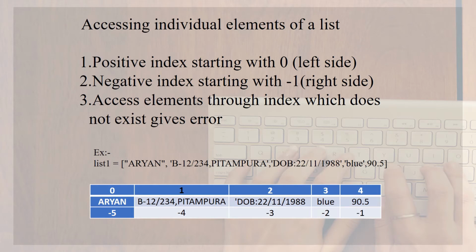Now the next thing that we require in a list after its creation is how to use individual elements of a list. First of all, before using the individual elements of the list, we should know how a list is stored in memory.